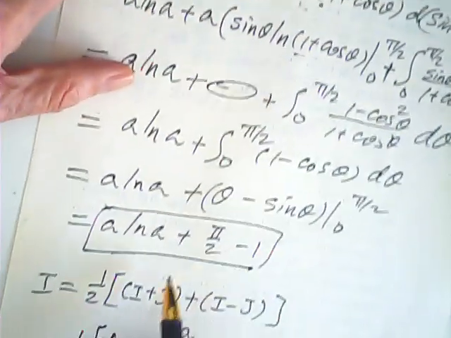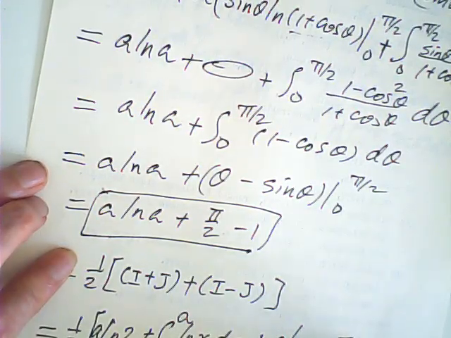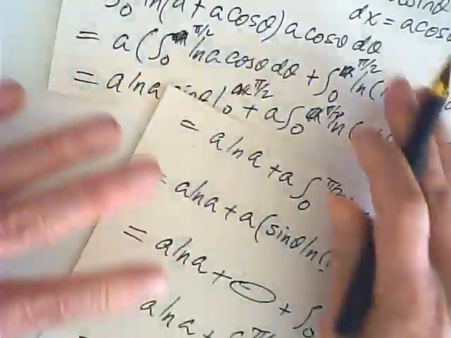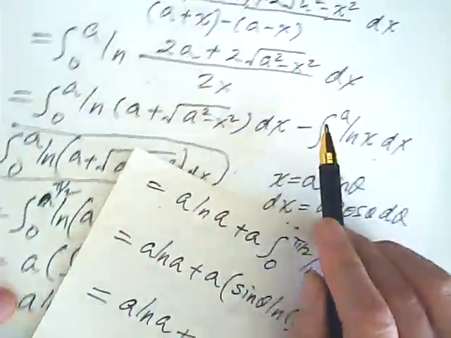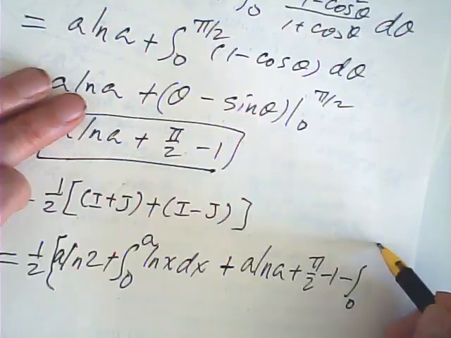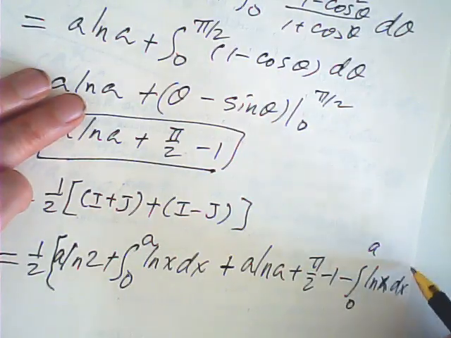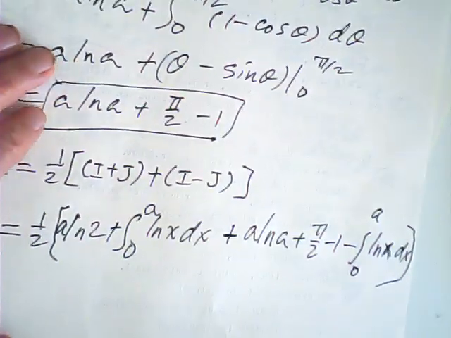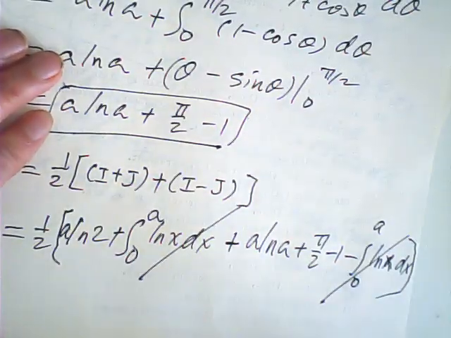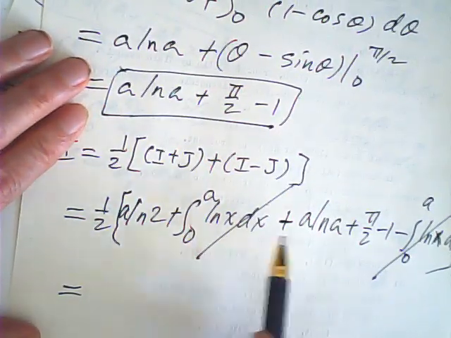This is this, so a log a plus half pi minus 1, minus the integral from 0 to a of log x dx. So this will cancel that one.